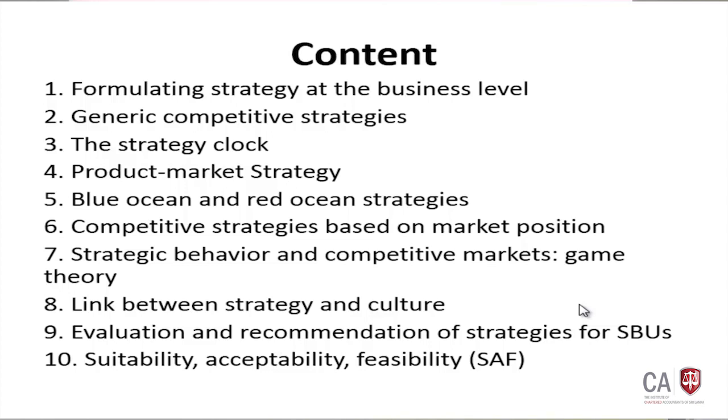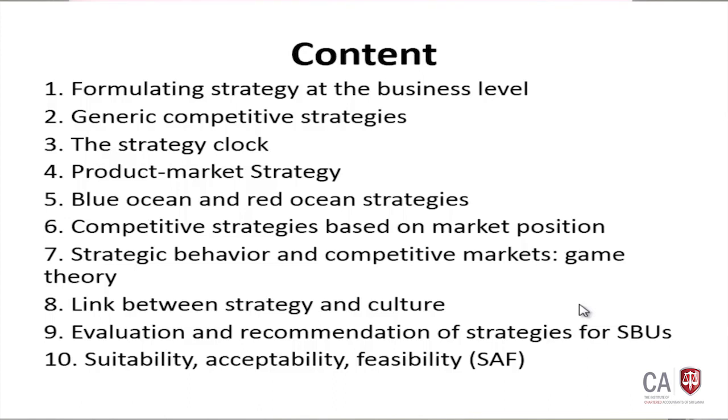Actually, in relation to a single entity, we are trying to identify the competitive strategies under 2, 3, 4, 5. We try to identify competitive strategy for a single entity. Then topic number 6, competitive strategy based on market position, that is an alternative way of looking at strategy.